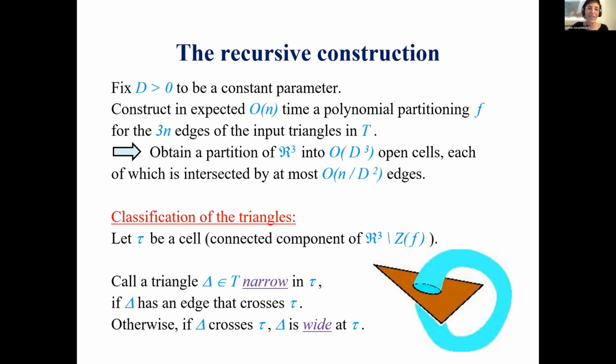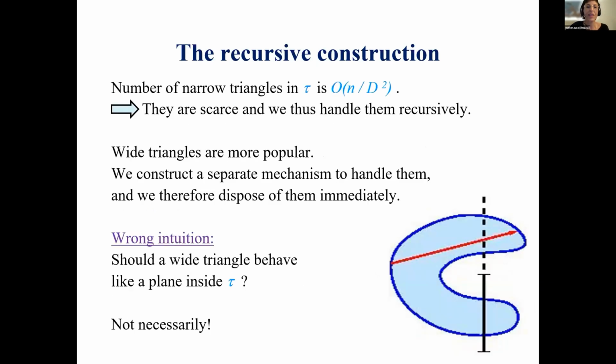We call a triangle delta narrow in a cell tau if an edge of delta meets the cell tau. Otherwise, if delta crosses tau but none of its edges does, then we say that delta is wide at tau. In this illustration, this brown triangle delta is wide in the cell tau, the torus, because none of its edges meets the cell.